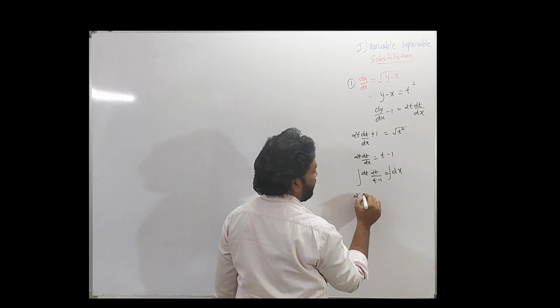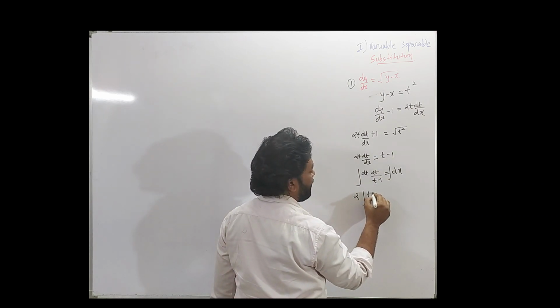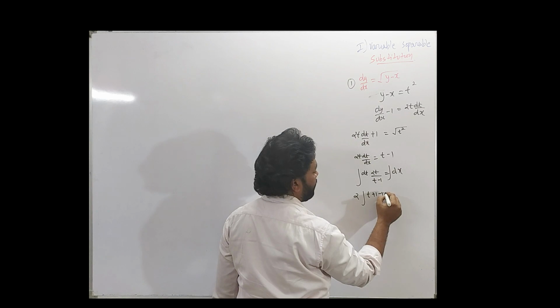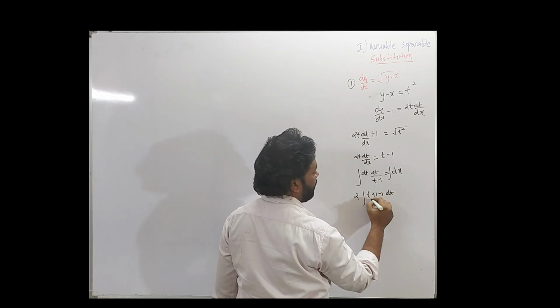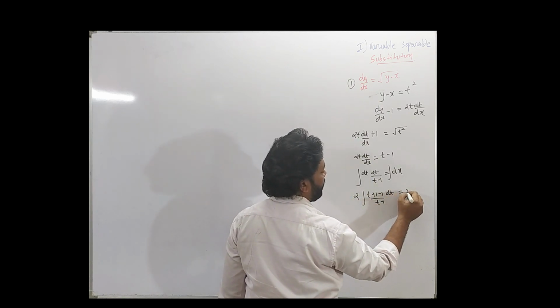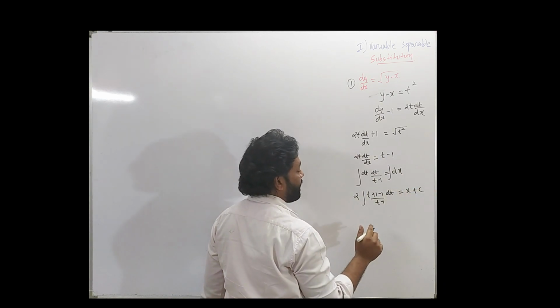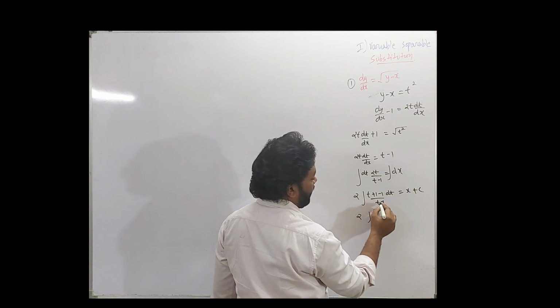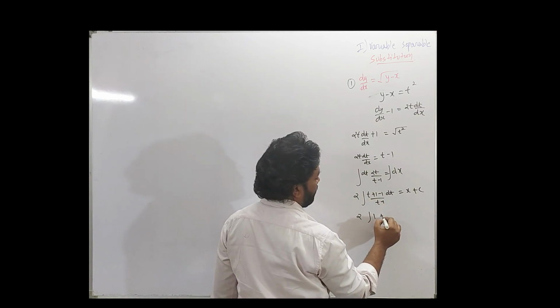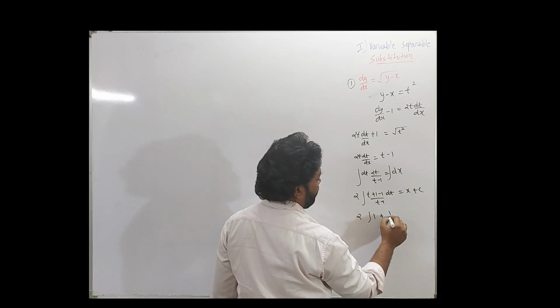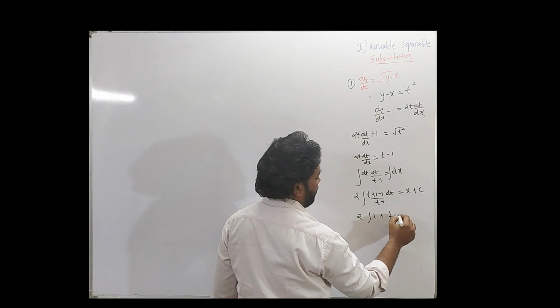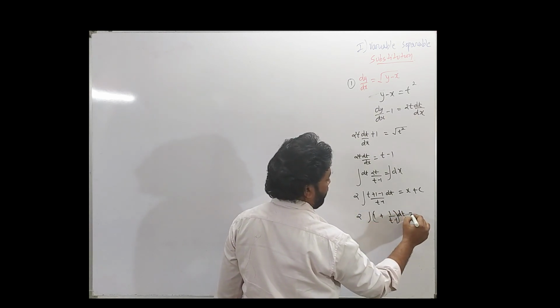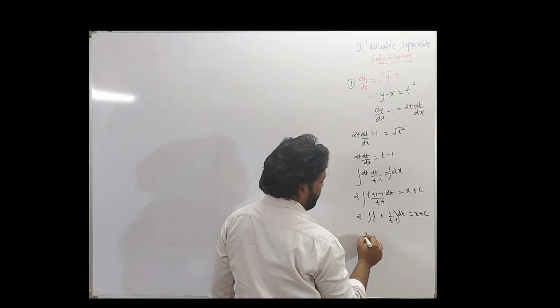To integrate this thing, we'll do some rearrangement, add 1 and subtract 1. 2 is taken common, and the integration of the other side is simple. We'll add some constant c. So this will get converted into t minus 1 plus 1 upon t minus 1 dt is equal to x plus c.